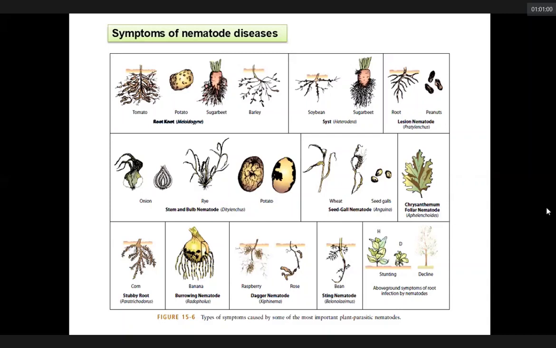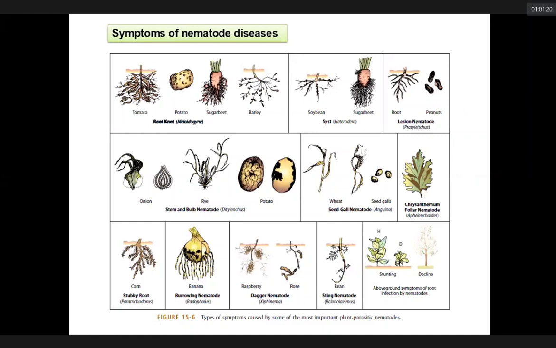Root knot nematode. The left hand side, Meloidogyne, is known as root knot nematode, and Heterodera and Globodera, another genus, Globodera, cyst nematode, and Pratylenchus is known as lesion nematode.